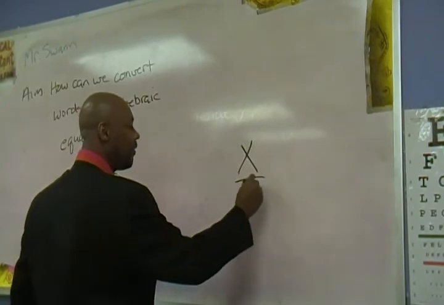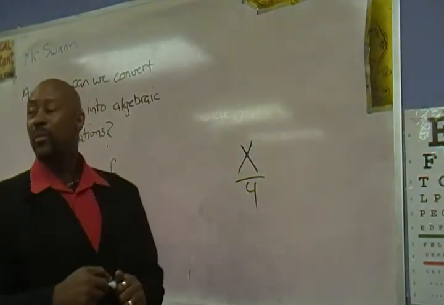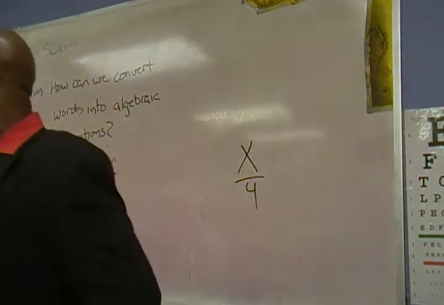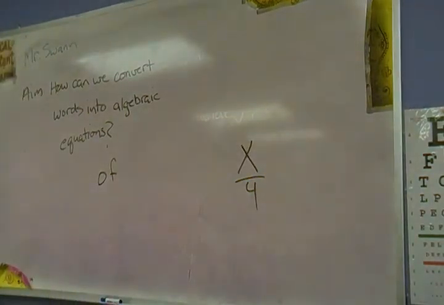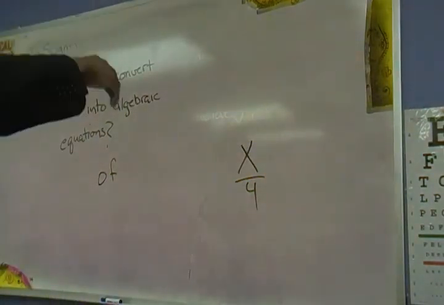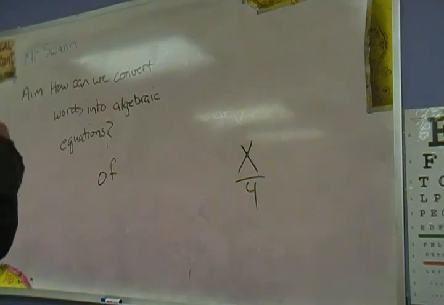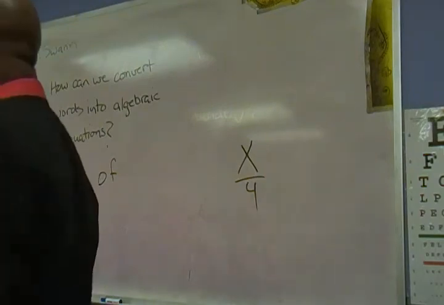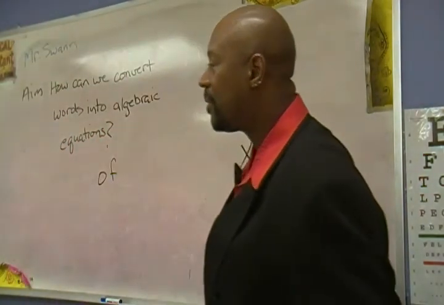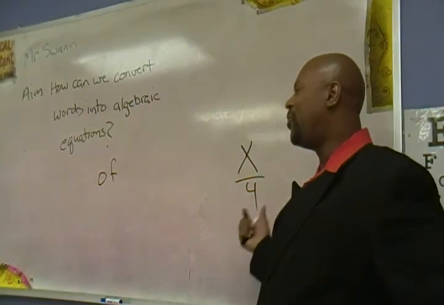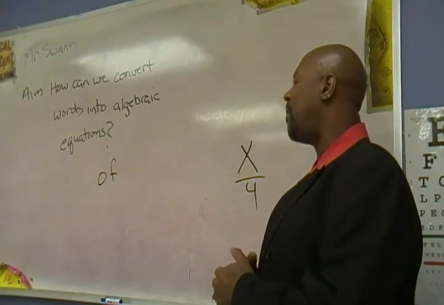Because remember, whenever you have a fraction, it means division, and you're always dividing the numerator by the denominator. X over 4. And this was one of the answers to the problem.